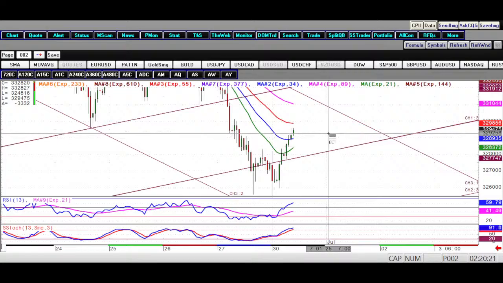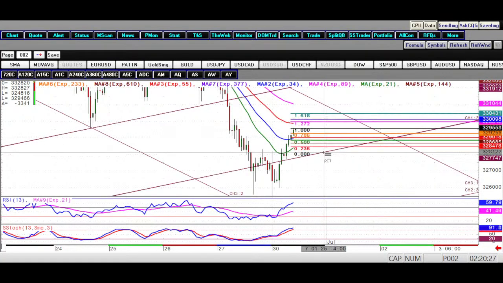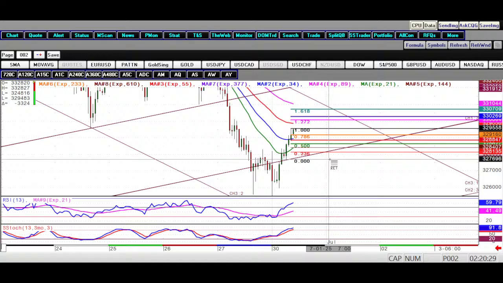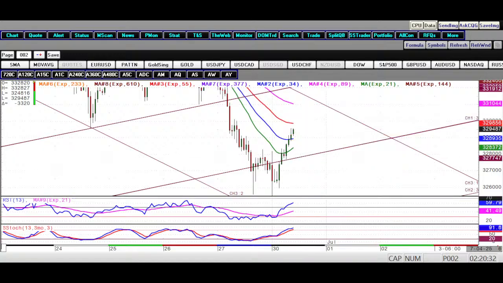So buying at 91, stop at 87, $4 risk, and for TP we look for about 3302, or 03.